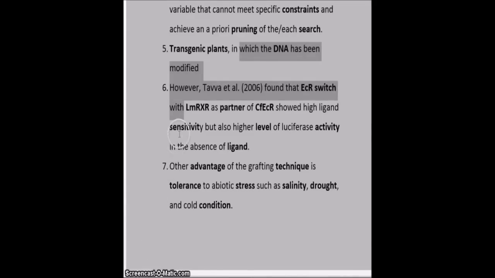Number 6, however, Tava et al., 2006, found that ECR switch, okay, now here, this is a kind of interesting rule. Here the term ECR modifies the word switch, so the noun here is switch.